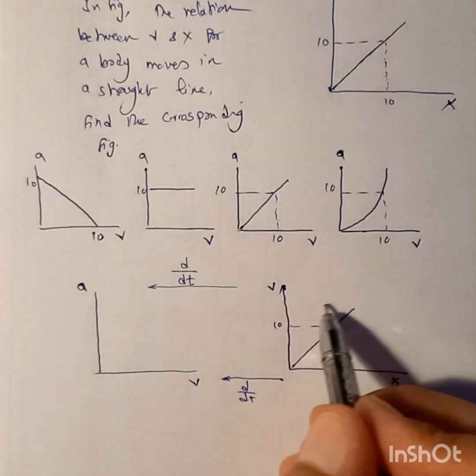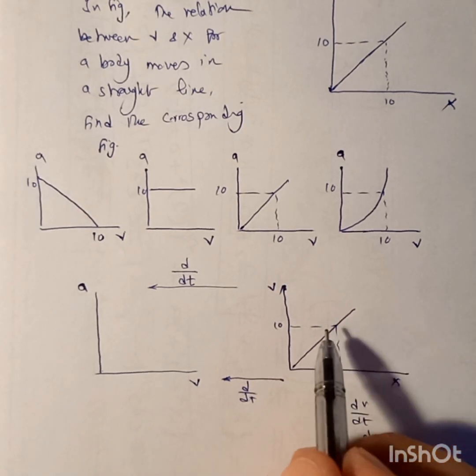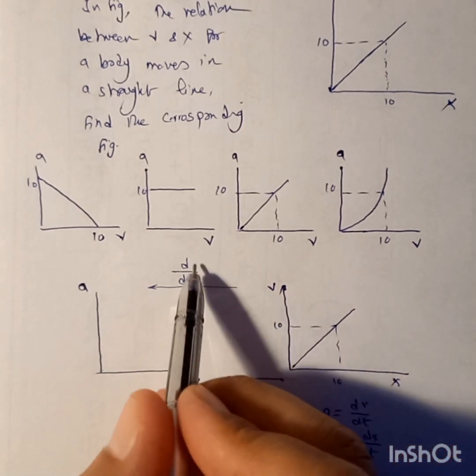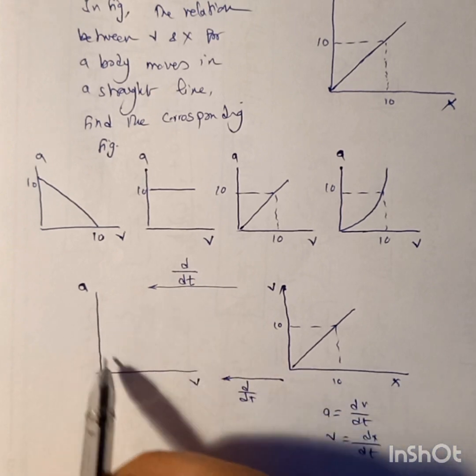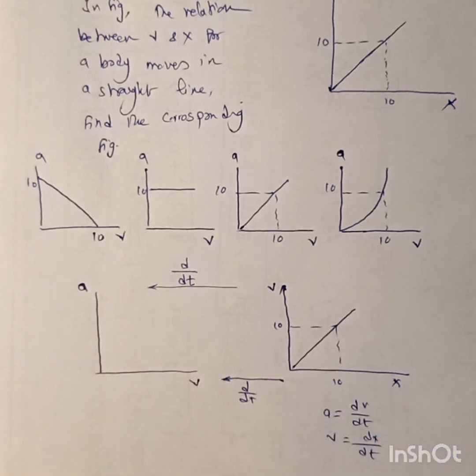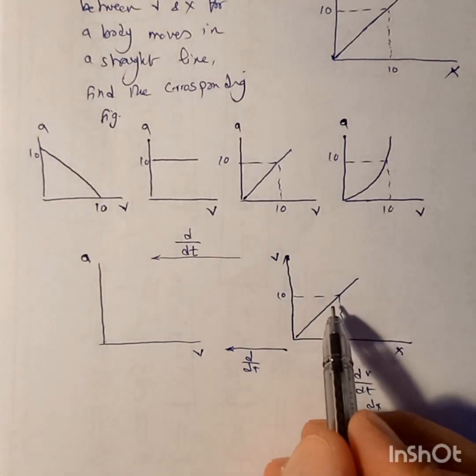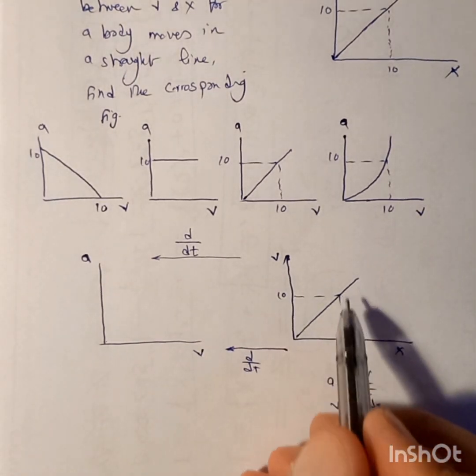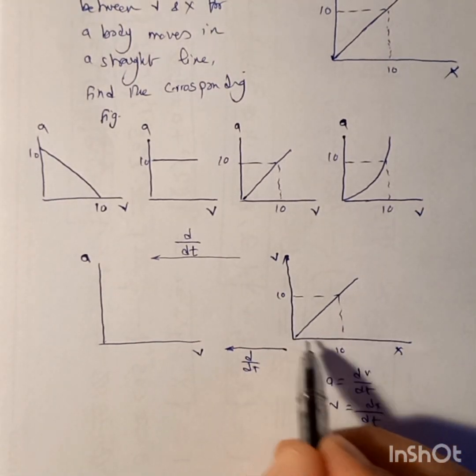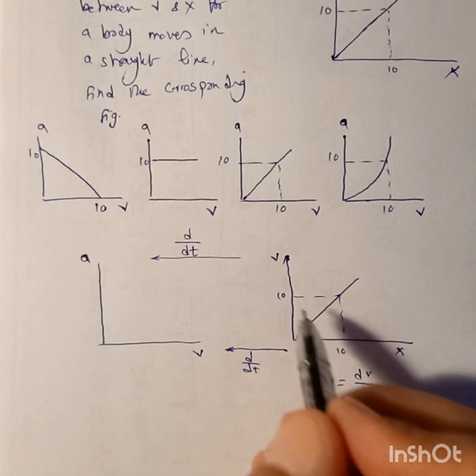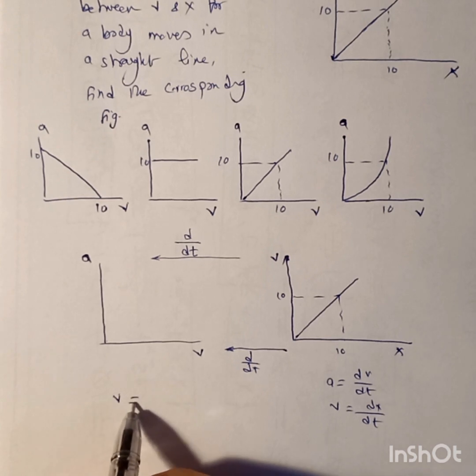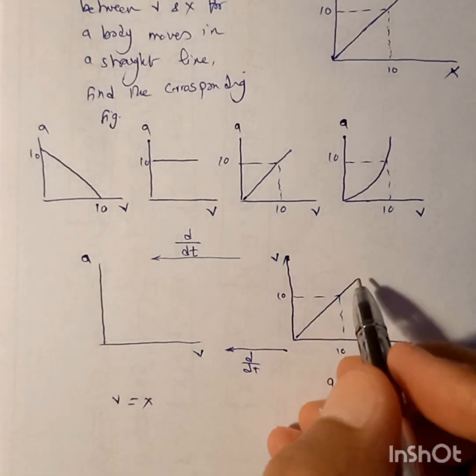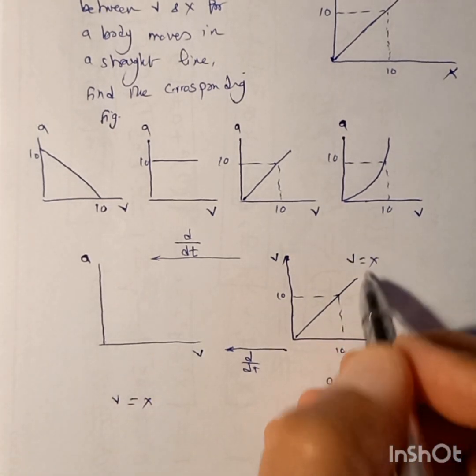As well, we need to find the equation of this curve and take the first derivative with respect to time to find the required curve. First, we find the equation of this curve: at x equal 10, we have v equals 10. It's clear that v equals x; this is the relation.